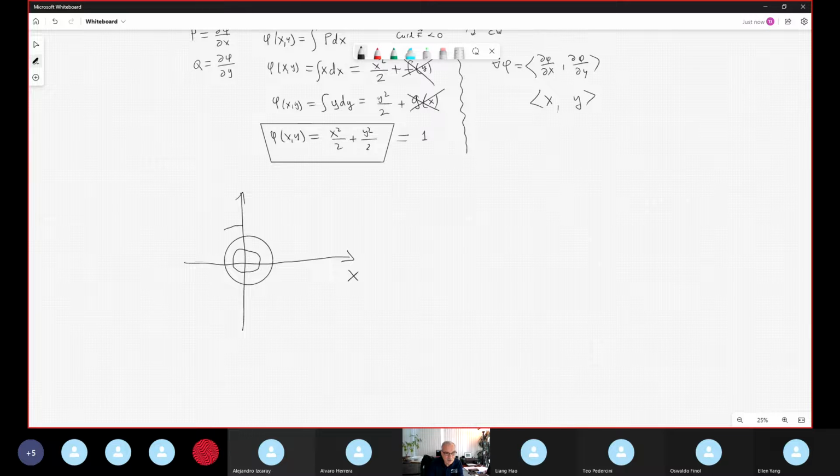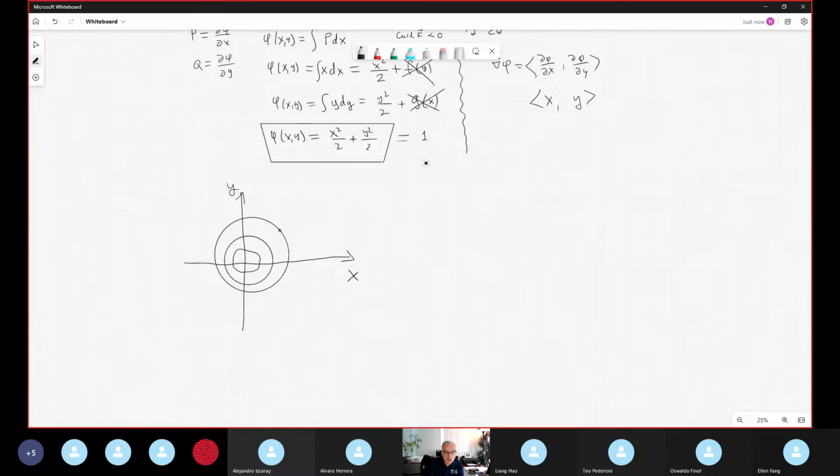It's a family. So for this potential function, you can interpret this family of potential functions like level curves. Therefore, you know very well that the gradient is orthogonal at any point of the level curve.